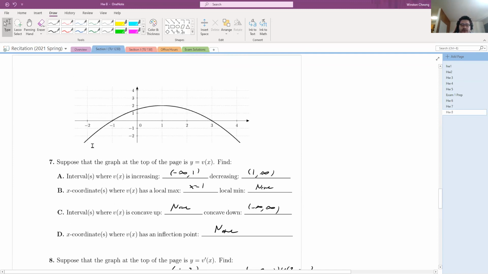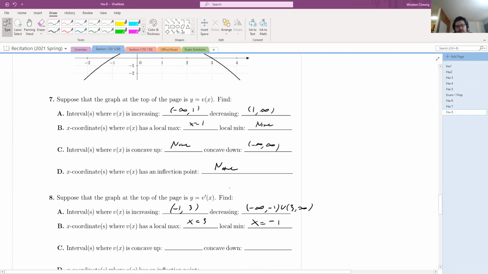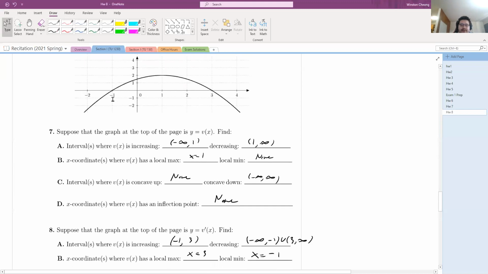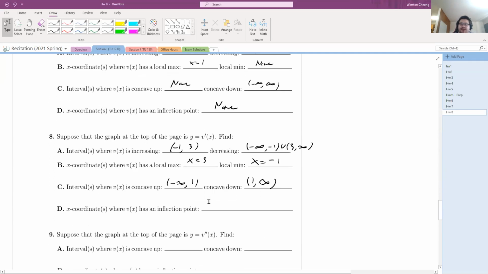We can see that the derivative is going to be positive from minus infinity to 1. That's going to correspond to concave up. So concave up is minus infinity to 1, and then concave down is going to be from 1 to infinity. And the derivative is equal to 0 at x equals 1. So that's going to be the inflection point.